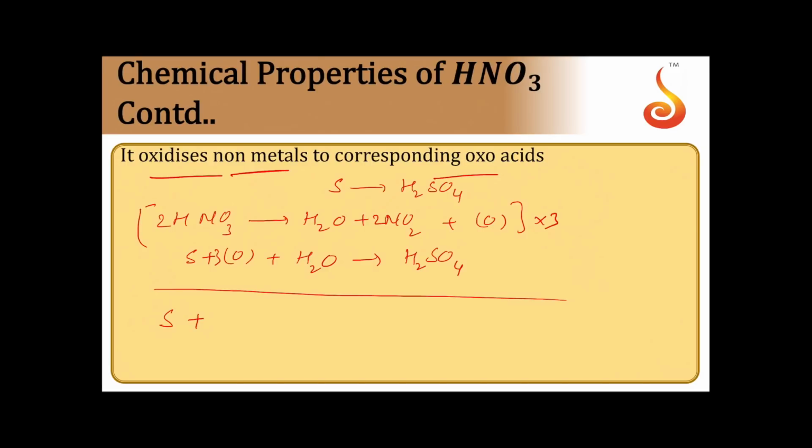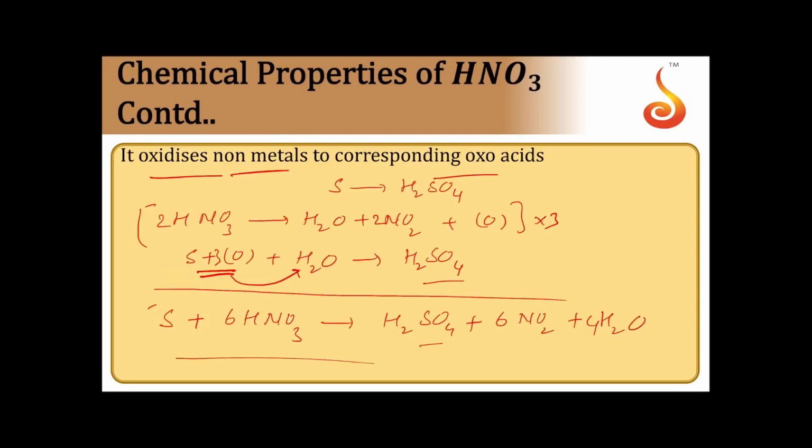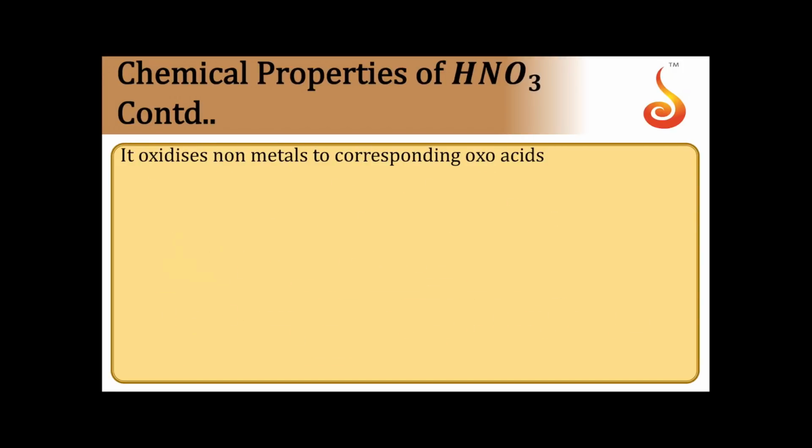Adding them, sulfur plus 6 HNO3 gives rise to H2SO4 plus 6 NO2 plus 4 moles of H2O. Sulfur is getting oxidized to the corresponding sulfuric acid. Initially sulfur changes into an oxide, that oxide dissolves in water, and finally you get sulfuric acid. So sulfur gets oxidized to sulfuric acid.